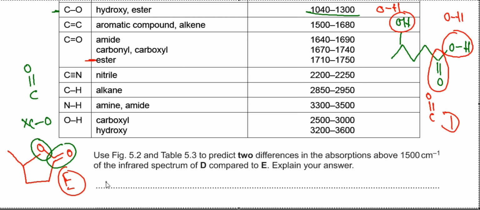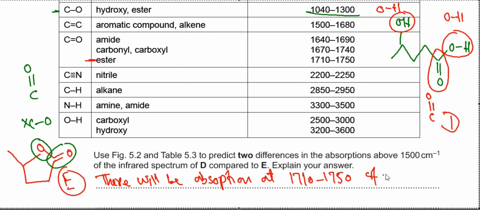You can say there will be absorption at 1710 to 1750 of C double bond O of ester.